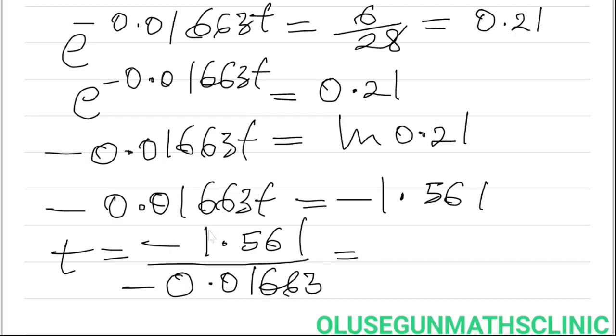Firstly, minus cancels minus, divide by 0.01663. The value will give us 93.85.